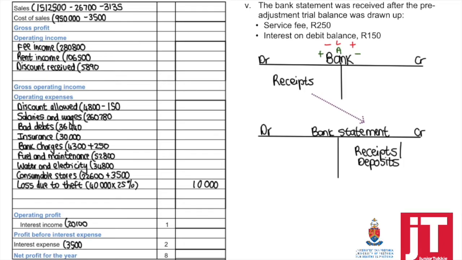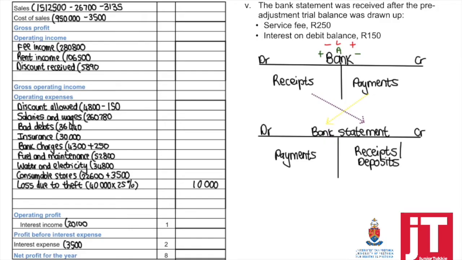On the bank statement, if we've received money, we would debit it in our bank account, but on the bank statement it will be the opposite. If money is received or deposited, our bank statement will show credit. If payments are made, in our books we would show bank is credited, our assets will decrease or our liabilities will increase. It depends if I've got a favorable or an unfavorable bank balance. On my bank statement, it's the opposite.